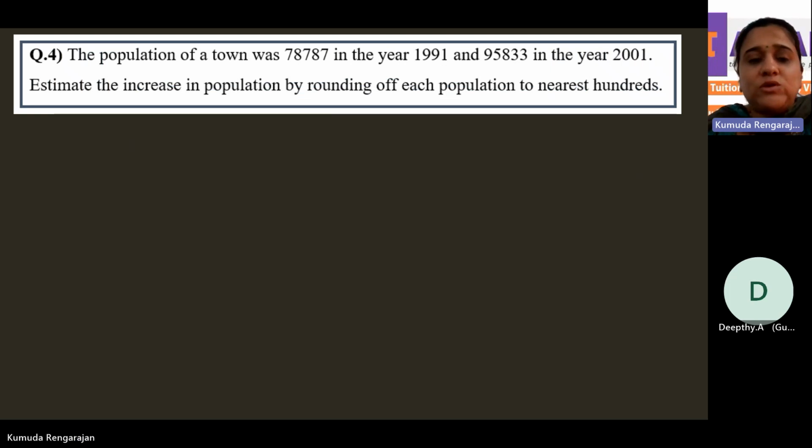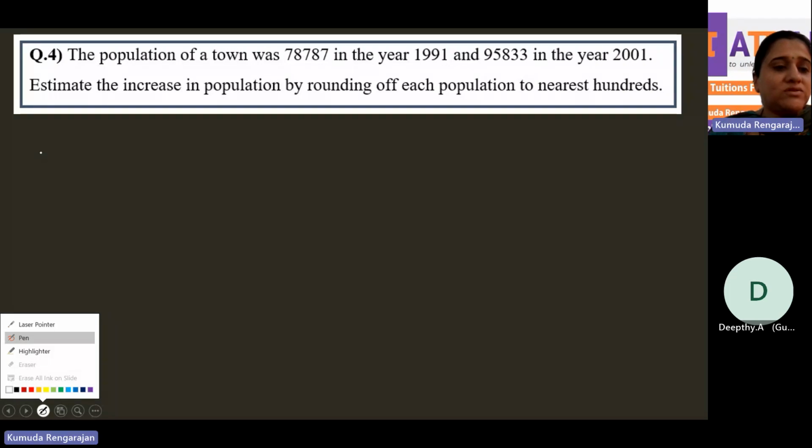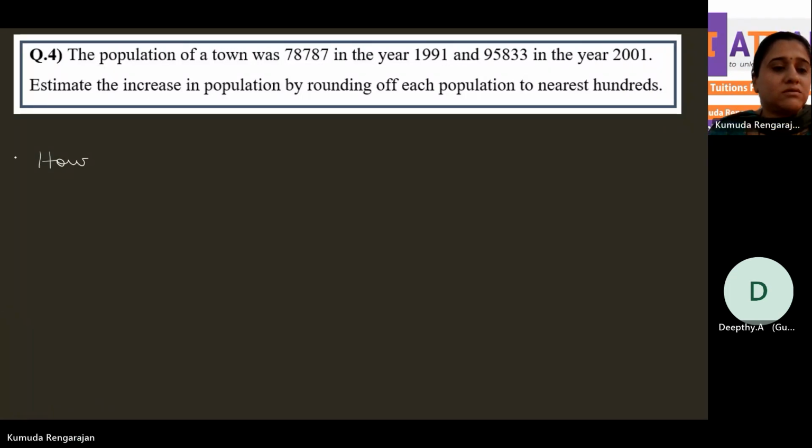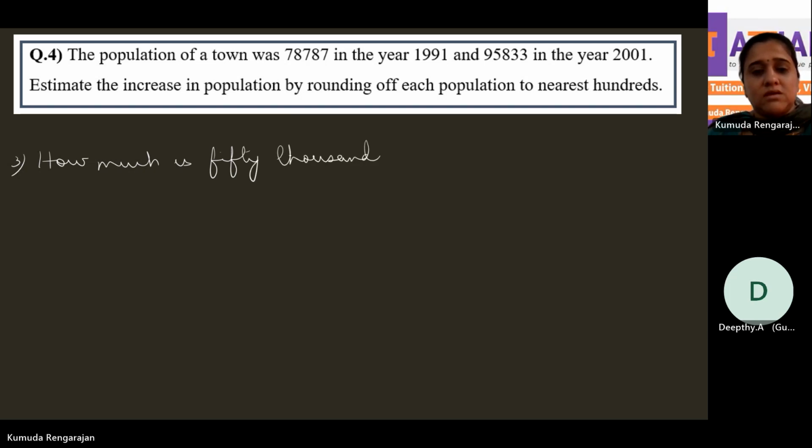Okay, so Deepthi, before we do this question, we're taking another question. Yes, Santosh. Yeah, 50,000 lakhs.